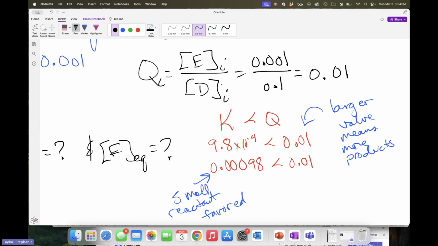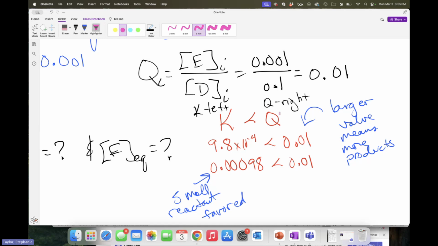Now, I will tell you the other way that I know this is because one of the, I forget if it was an SI or a PLTL leader, taught me that if you put these in alphabetical order, so the K goes on the left, and the Q goes on the right, as long as you set it up like that, the inequality sign will basically point in the direction that the reaction goes.